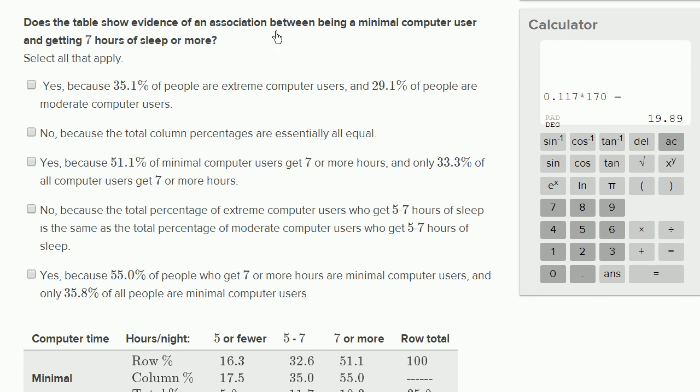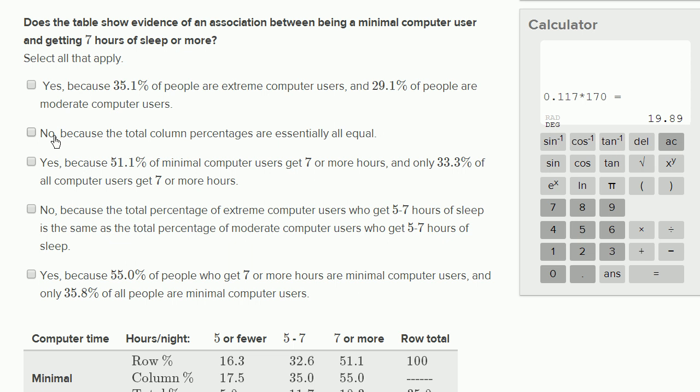Does the table show evidence of an association between a minimal computer user and getting 7 hours of sleep or more? So yes, because 35.1% are extreme computer users and 29.1% of people are moderate. Well, I go with the yes, but this doesn't seem to really back up the claim. This is just giving us some random data about the percentage that are extreme computer users or moderate computer users.